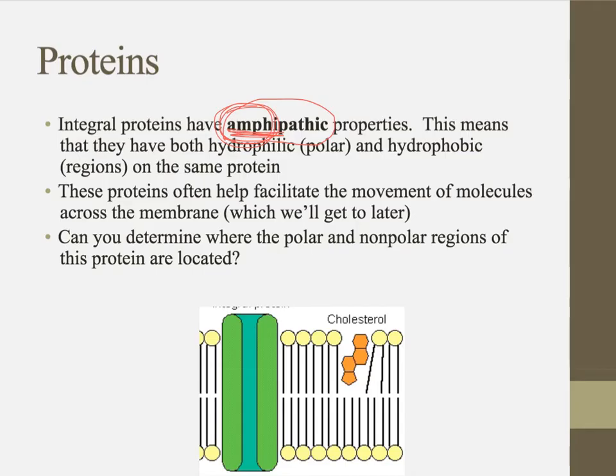And what that means is that they have to get along with both the hydrophilic regions of the phospholipid bilayer and the hydrophobic regions. So they have to have parts of them that are also hydrophilic so they can get along with these guys, and they have to have parts of them that are hydrophobic so they can get along with these tails that are in here.